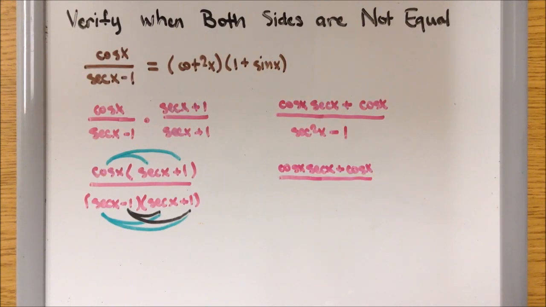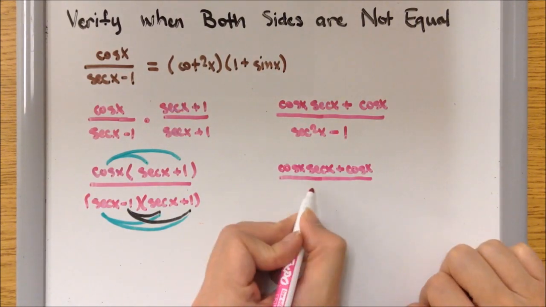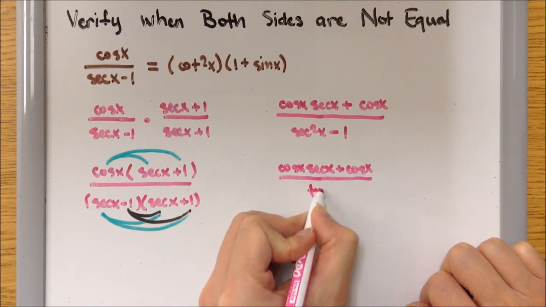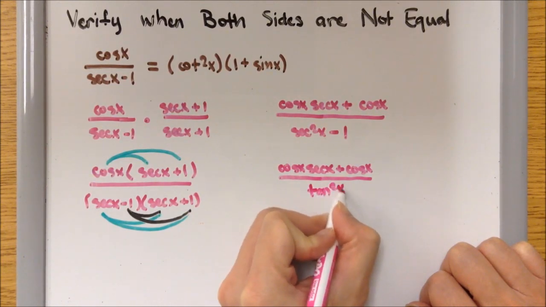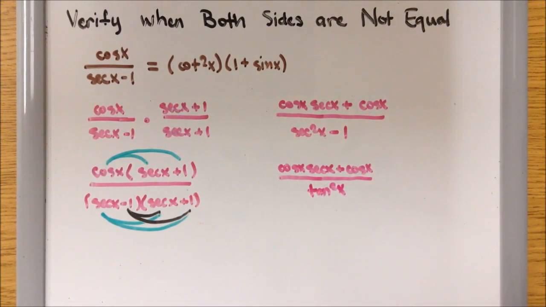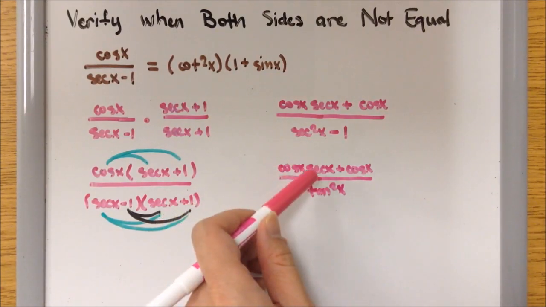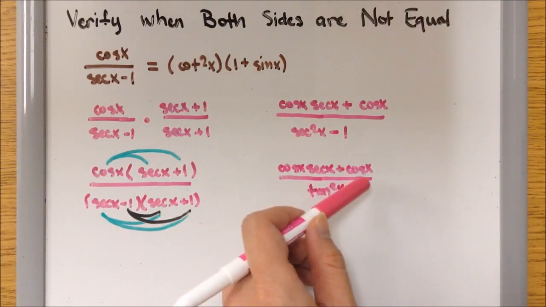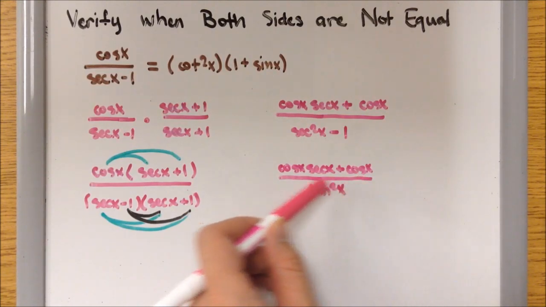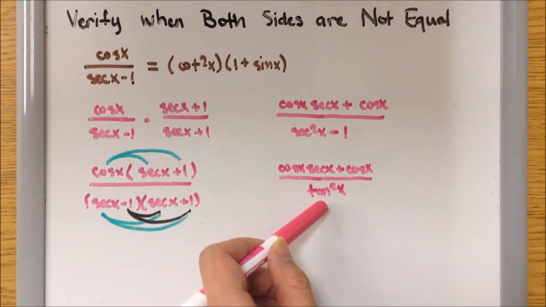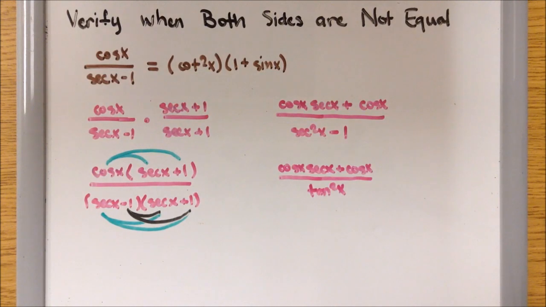When I work out the specific Pythagorean identity, the only thing that I can replace it with is tangent square x. So at the moment we have cosine x secant x plus cosine x, all over tangent square x. Now, at the moment it doesn't look like we can do anything.